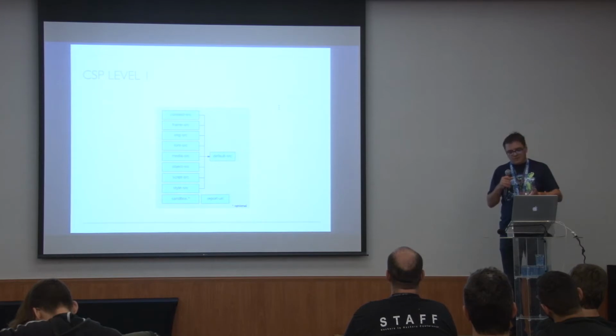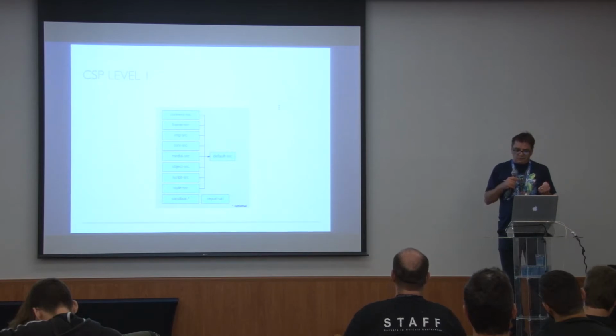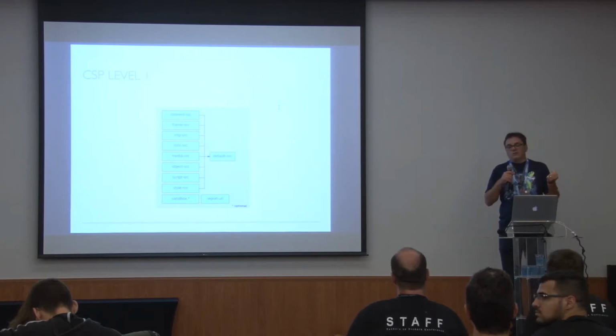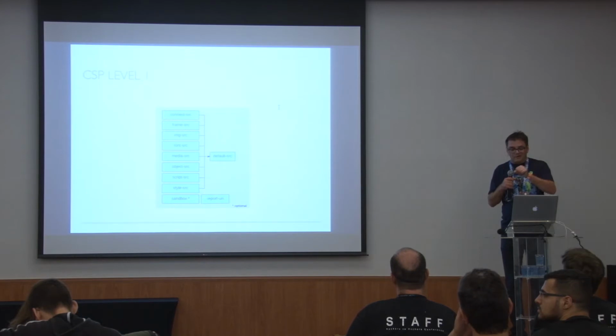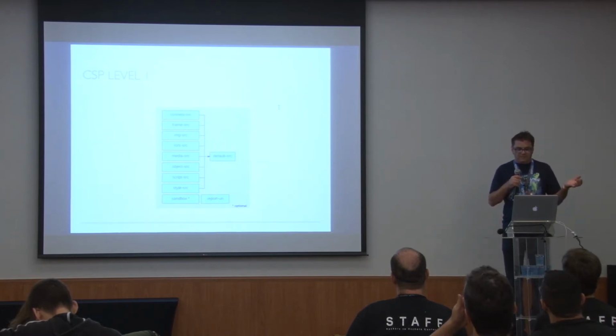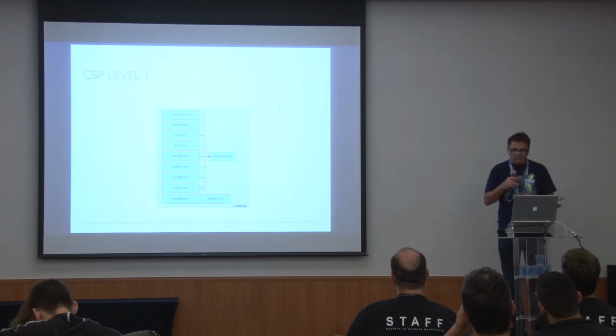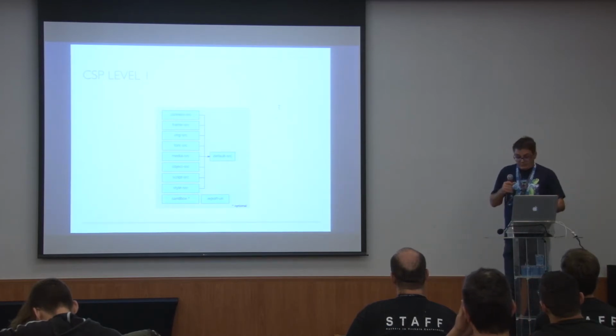There are directives for images, fonts, and media. object-src is a cool thing to control where plugins can be loaded in the web page. Normally you would say object-src 'none', meaning you don't want your web page to load any Flash plugins or Java applets or anything like that. And script and style, and that's pretty much it.